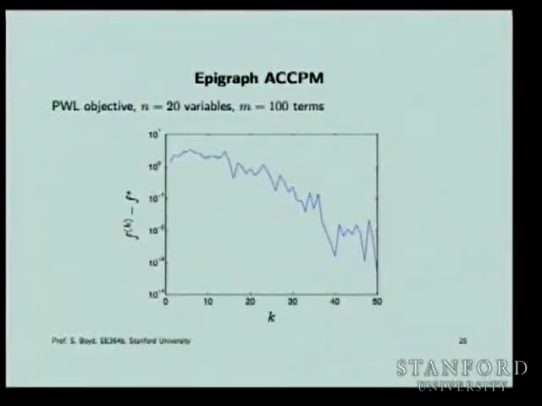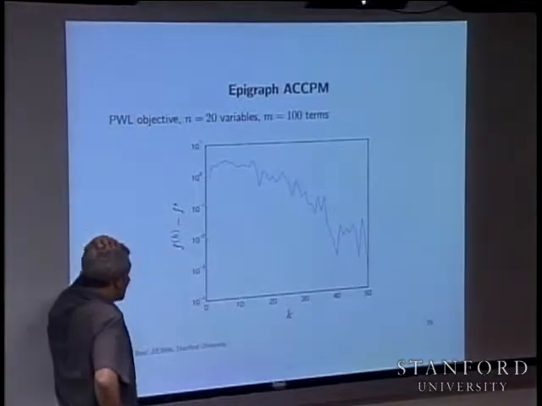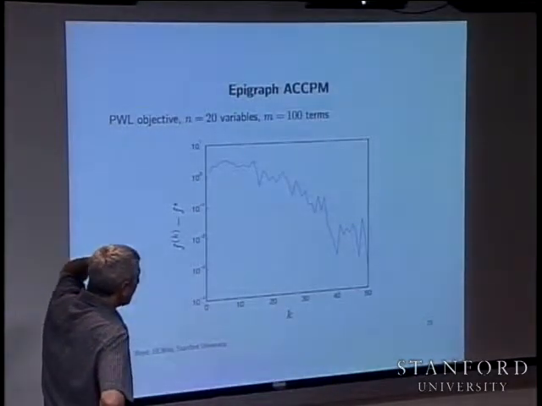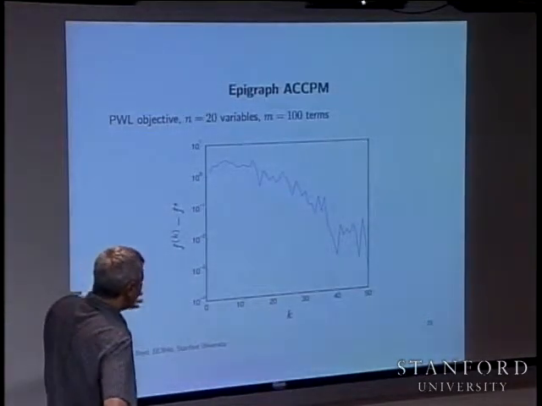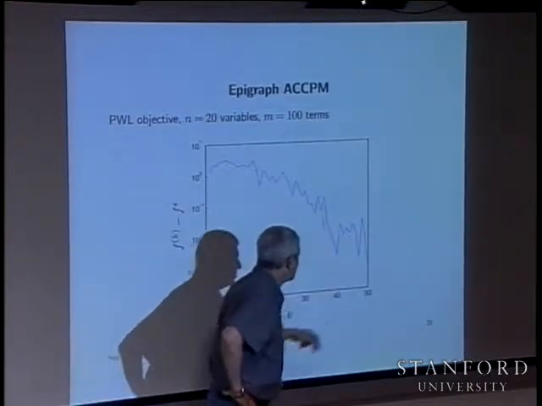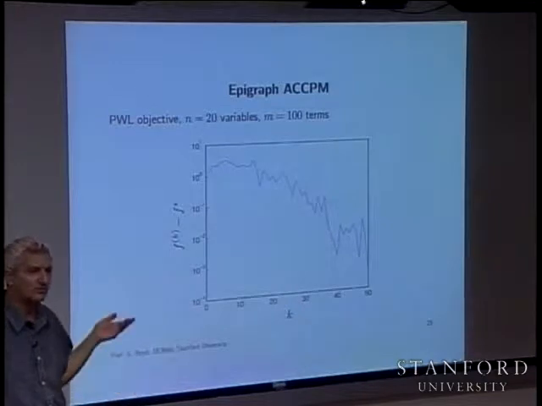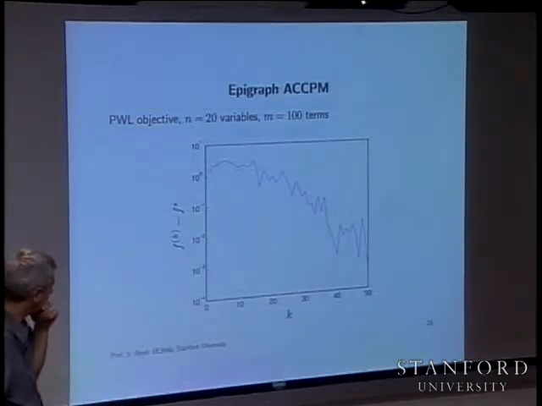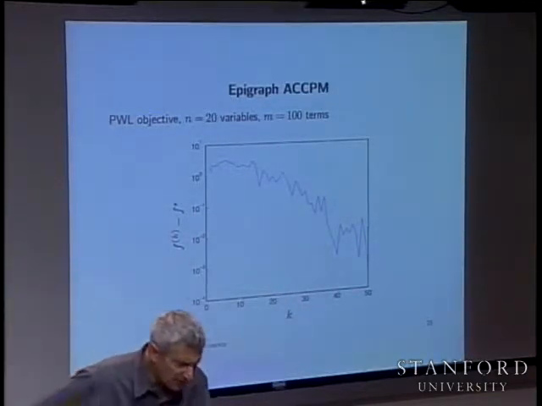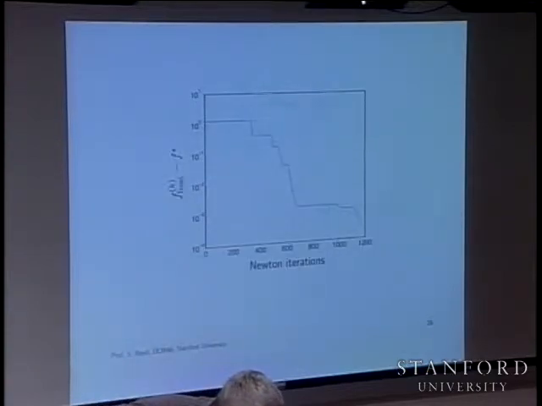Okay. Now, if you do the epigraph analytic center cutting plane method, so now you have 20 variables and 100 terms, and what happens is you divide roughly, I think this actually goes way down here. So you actually are dividing the number of steps required by just a factor of 4 or something, and that's it. I don't think I'm showing F best here, am I?